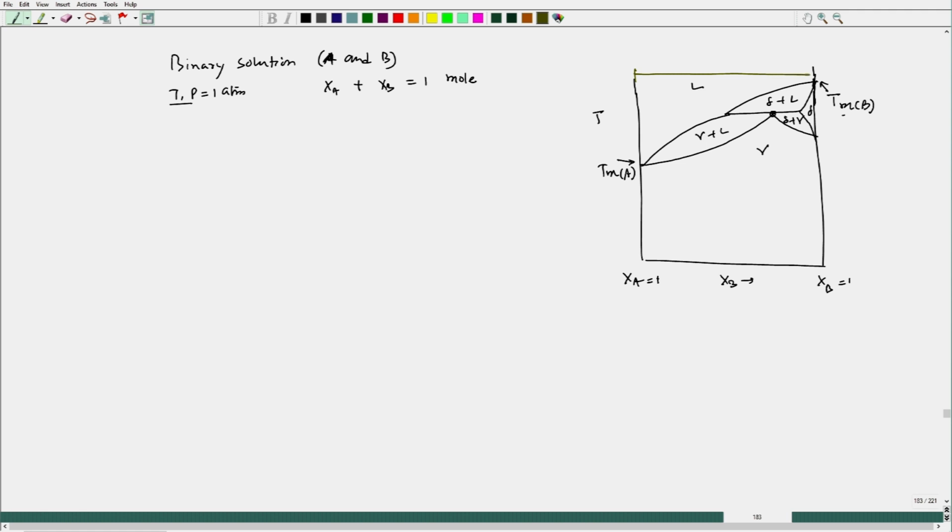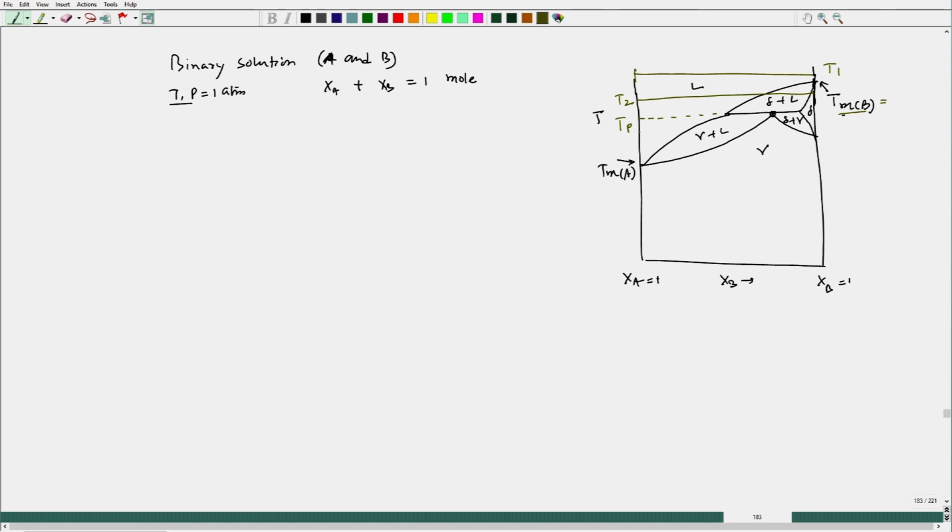One temperature let me take here, this is T1. Another temperature is equal to TMB, then one more temperature we consider just below TMB, which is let us say T2. One temperature we will consider at T peritectic.